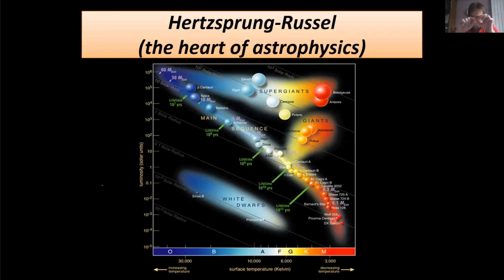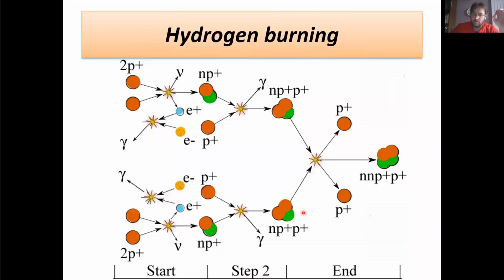But the diproton is not bound. If we bring 2 protons together, they stay together for maybe 10 to the minus 21 seconds. And then they say farewell. Extremely short. But nevertheless, we assume now that 2 protons merge and something happens here.